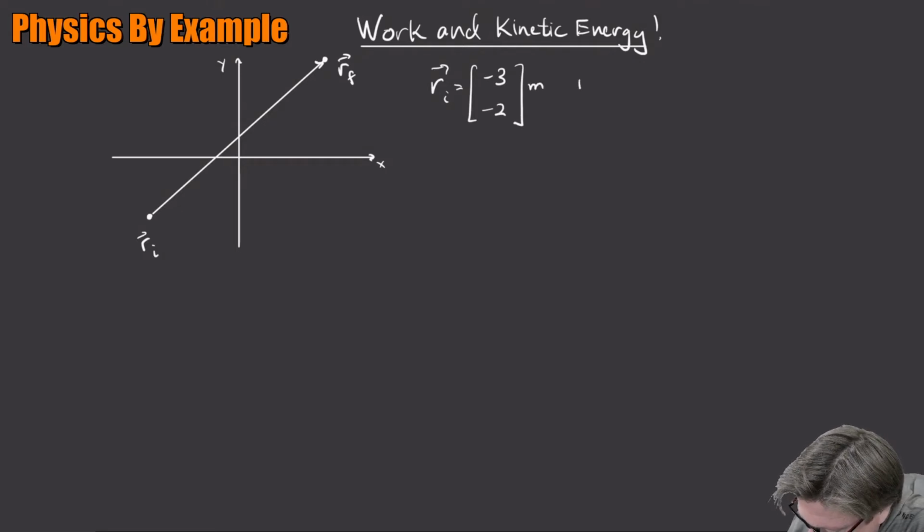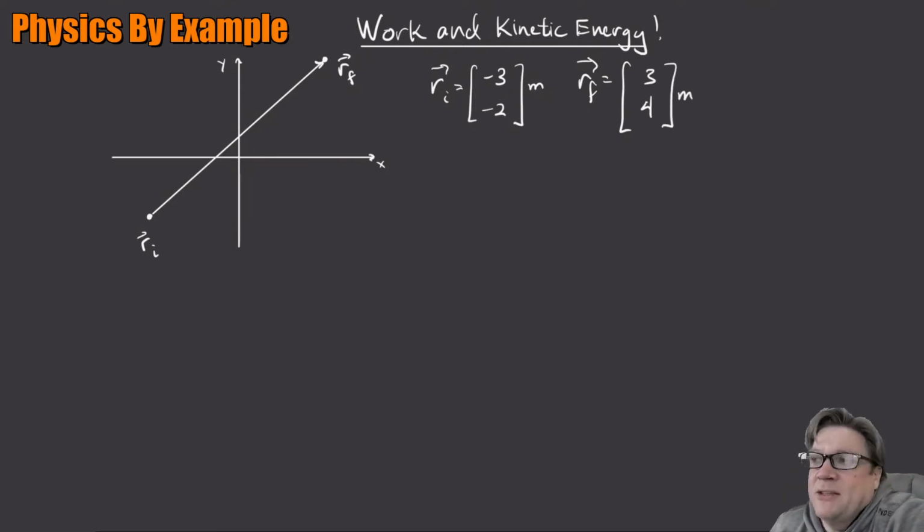And r final, where it ends up, is like 3 and 4 meters, right? That's my vector notation, 3i plus 4j. So r initial to r final, that vector is the displacement, the path that it goes from the beginning to the end.